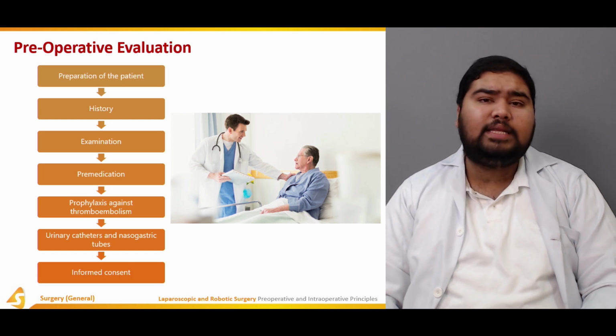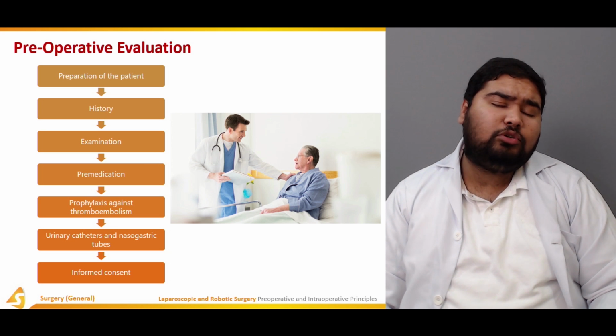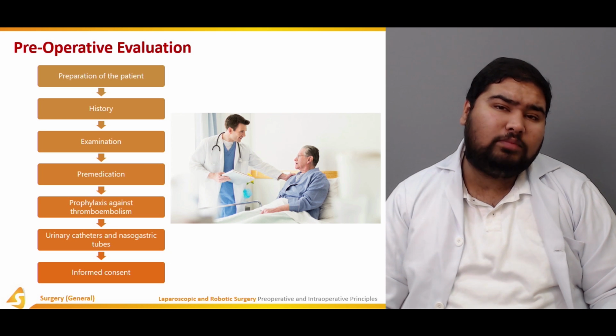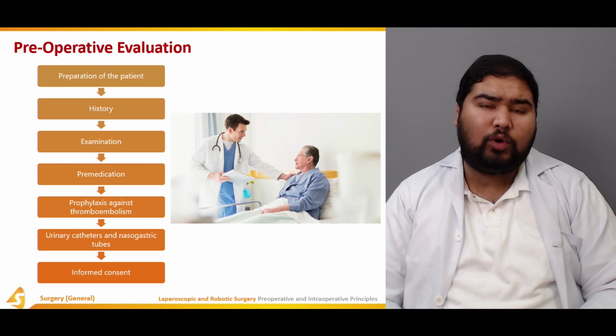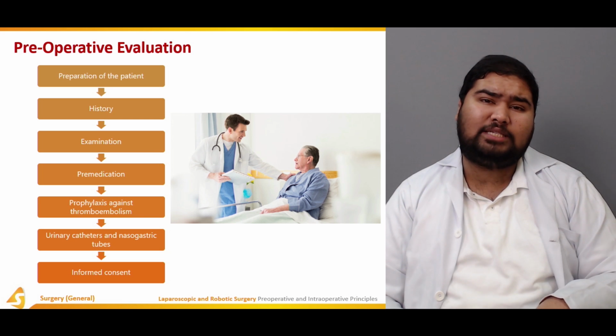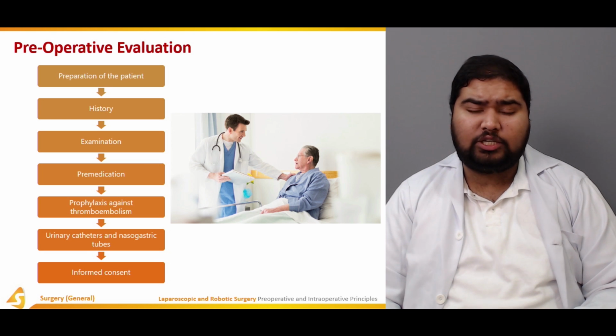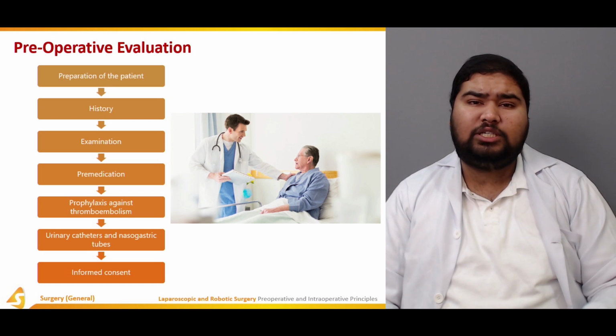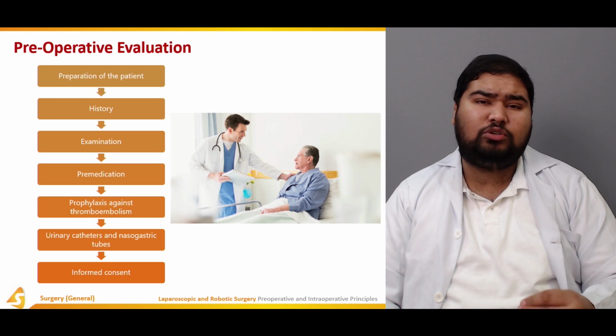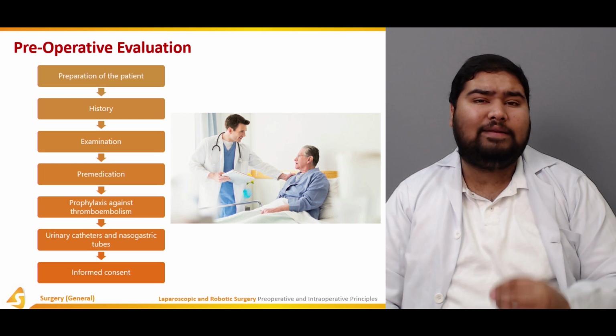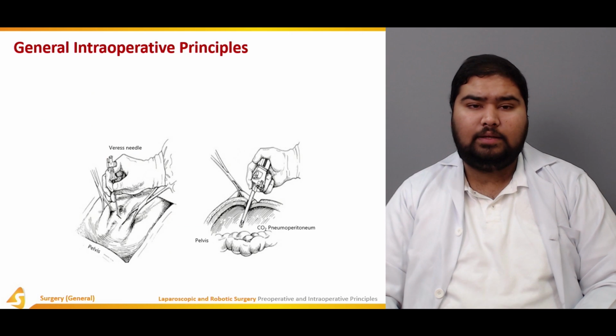Now, obviously, for whatever you are about to do, you need to have informed consent that is required by the law. You need to explain the advantages and the disadvantages of the procedure to your patient, and after that, the patient should give you his informed consent.